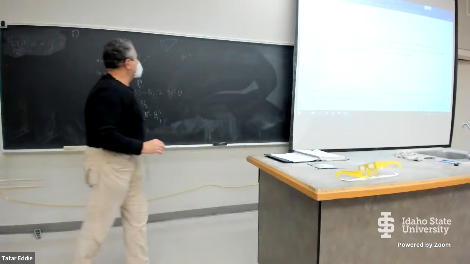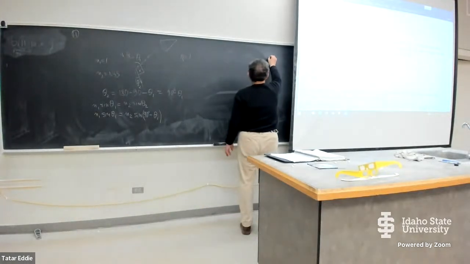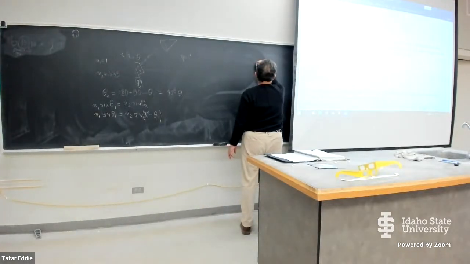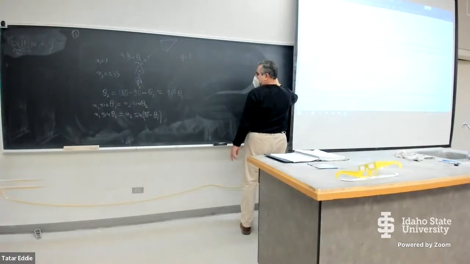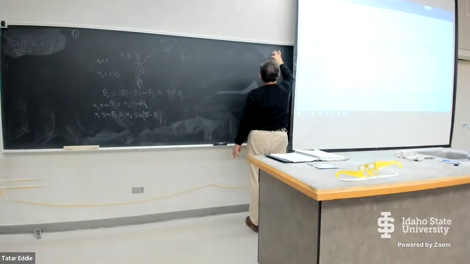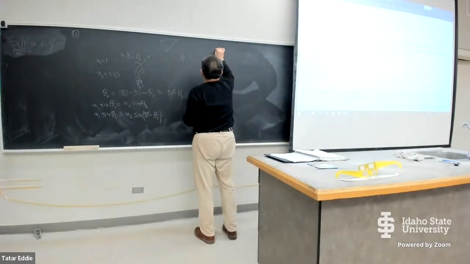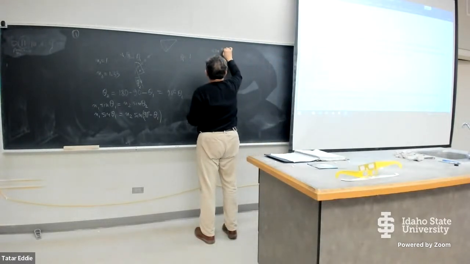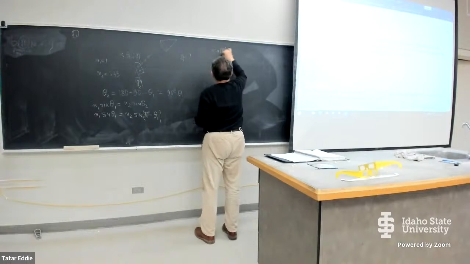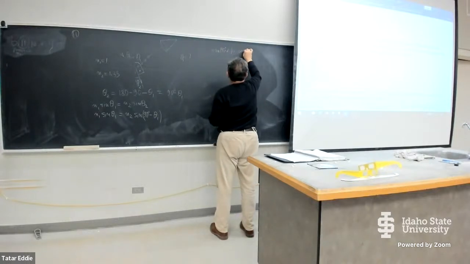There is a trigonometric identity which says that sine of 90 minus alpha is equal to cosine of alpha.